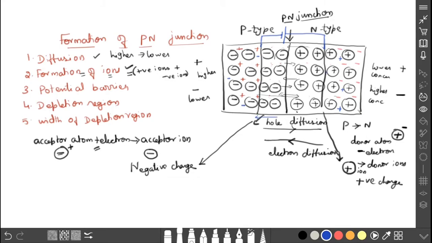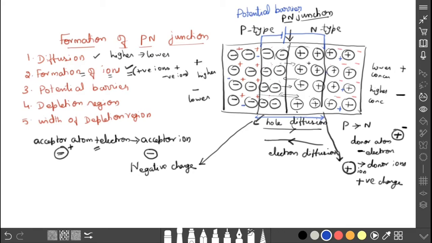The total potential difference between these two sides is called the potential barrier. What is meant by barrier? Barrier means some obstacle, like a wall. It prevents the further movement of charge carriers. This region totally prevents the movement of charge carriers.